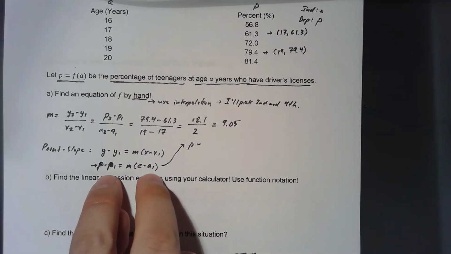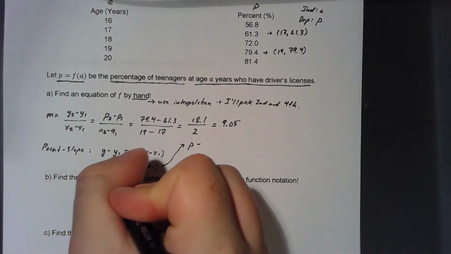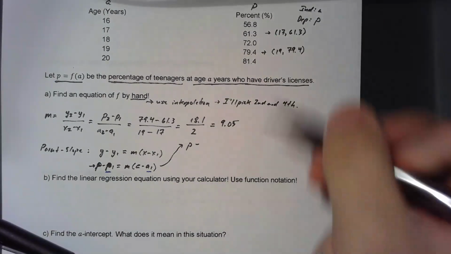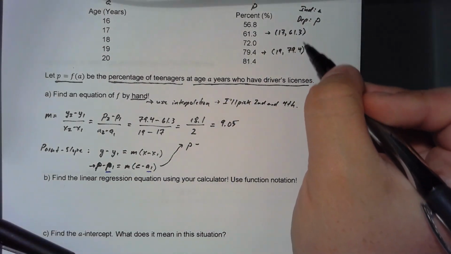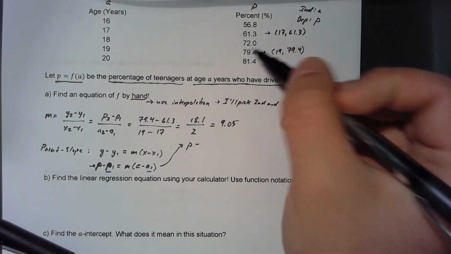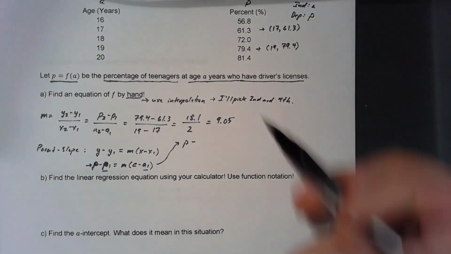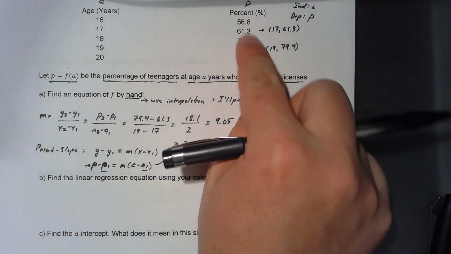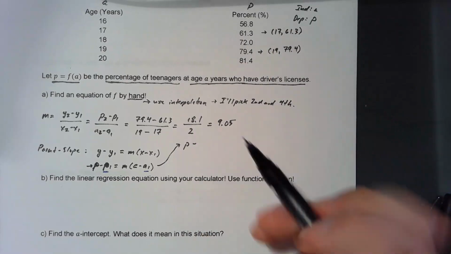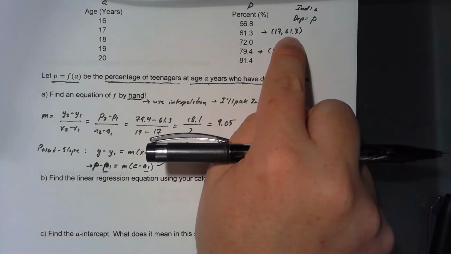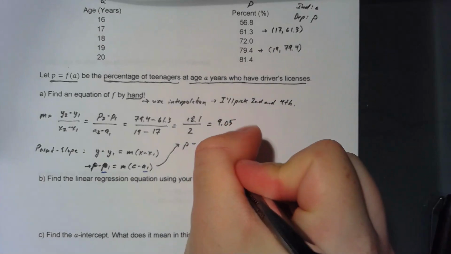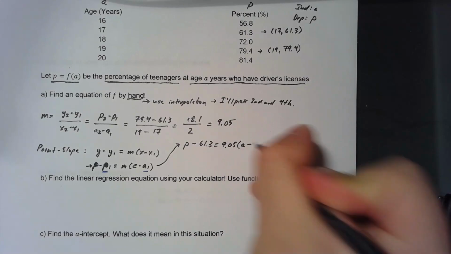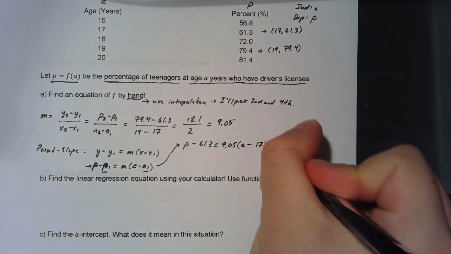So now I could pick the ordered pair to be here. I have to pick from the 2 that I used, not from the data. Just be careful about that. Remember, we did that in class. You got to pick from either this one or this one, but not the other ones. I'll pick the first one. So p minus 61.3 equals 9.05 times a minus 17.